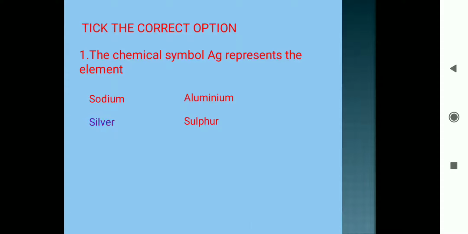So here this Ag means nothing but silver, because anyway we know that symbol for sodium is Na, and for aluminium it is Al, and for sulfur it is S.